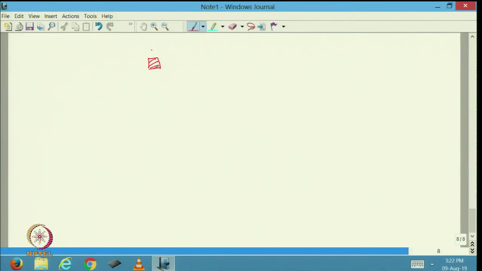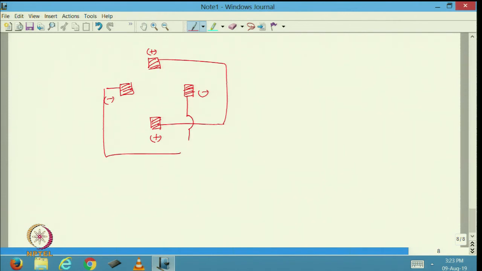This is the plus brush, this is the plus brush. This is going to be the minus brush and this is going to be the minus brush, right. Now, these two are connected together, similarly these two are short circuited together.